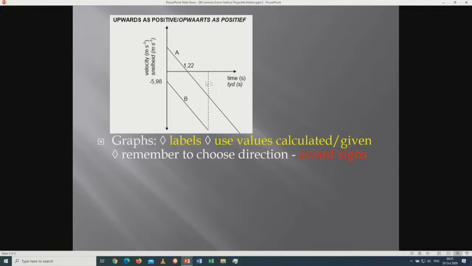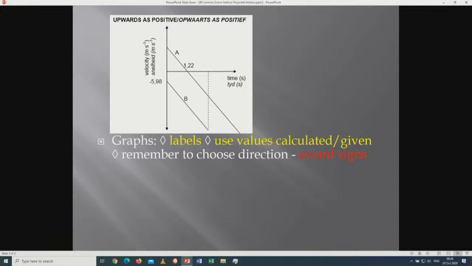Therefore the gradient of his graph must be a negative gradient because G is downwards and he's chosen upwards as positive. Therefore, say for instance, in this instance, this initial velocity is positive, so he's throwing this ball upwards. This ball B, you can see, has a negative initial velocity, so that indicates that the ball is being dropped at time 0.